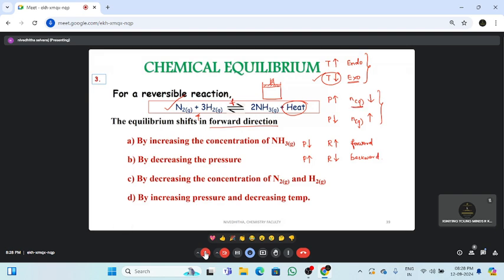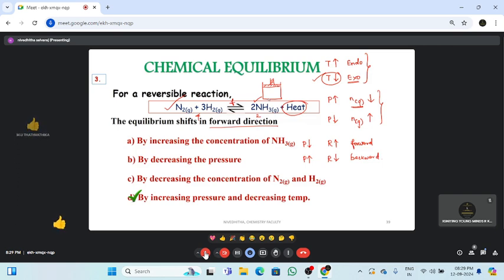On the left side I have 1 mole of nitrogen gas and 3 moles of hydrogen gas, so totally 4 moles of gaseous species on the reactant side. On the product side I have 2 moles. So the number of moles is less at the right side. So if you increase the pressure, the reaction will move towards the forward direction. So by increasing the pressure and decreasing the temperature, I can shift this equilibrium towards the forward direction. Is that clear?